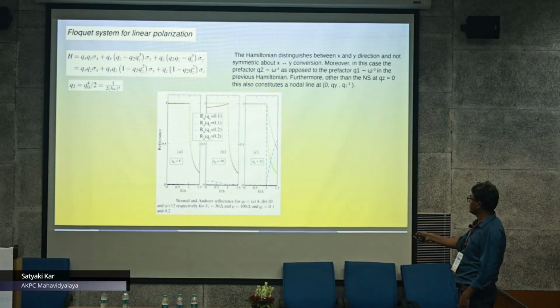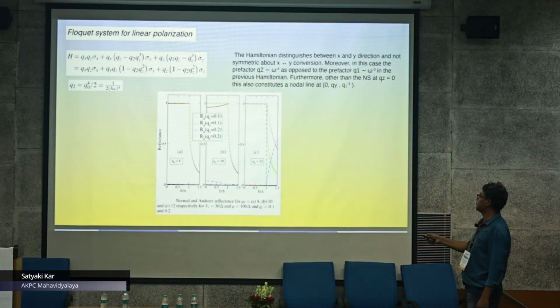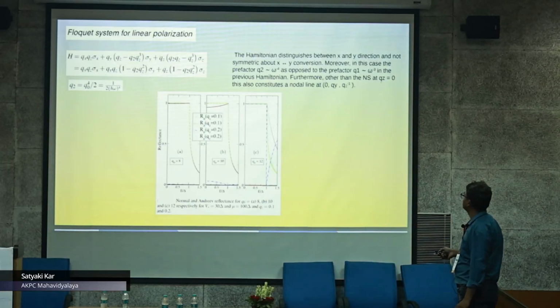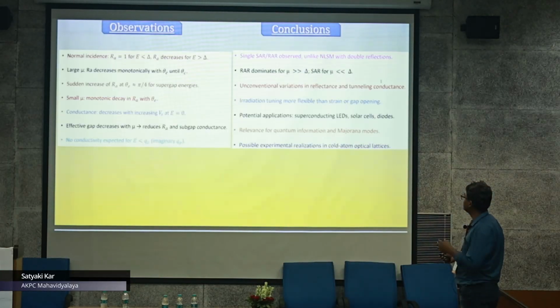But then here, if we keep on increasing slightly the values of Qz from 0.1 to 0.2, then this suddenly shoots up, and then we again start getting this huge Andreev reflection in these cases. So that is pretty much it.